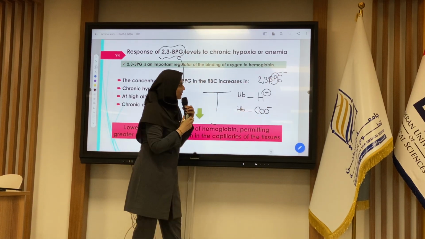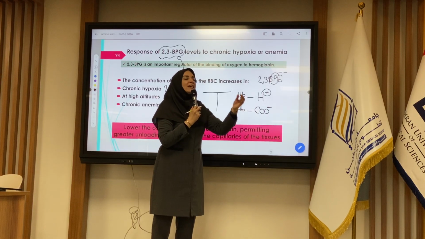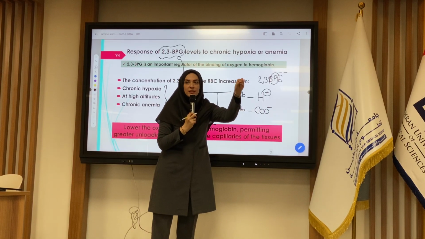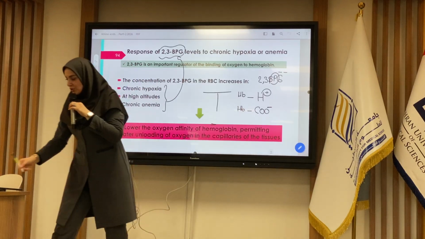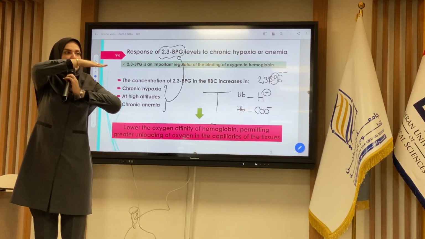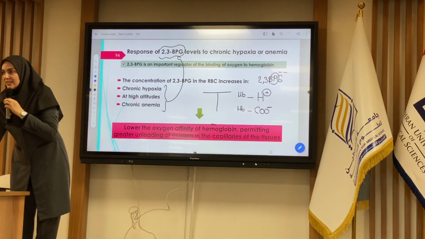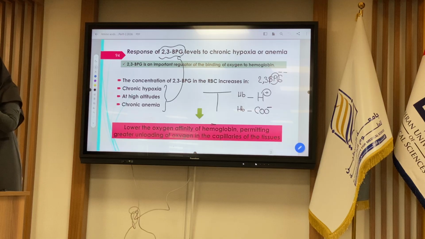As you can see here, what is common between all of these situations? Charge. Excellent. The key point is charge. As I mentioned, what is the type of this interaction? Between positive and negative. So whenever in a tissue you have a proton, H positive.